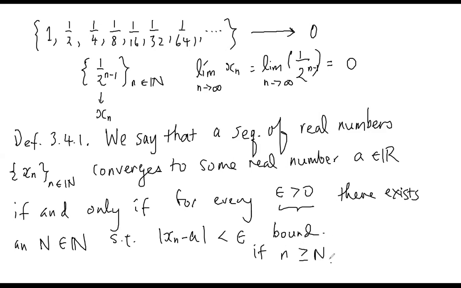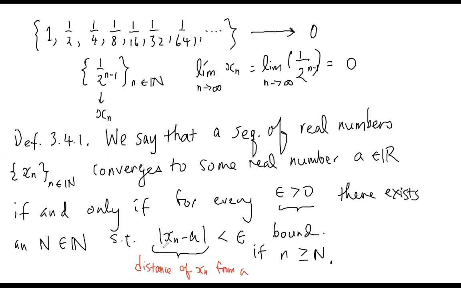This looks a bit abstract, but in layman's terms, this is basically just the distance of xn from A. Xn minus A is of course the difference, so you put the absolute value, meaning you don't care whether it's on the left hand side or the right hand side, because after you take the absolute value, the sign will disappear.